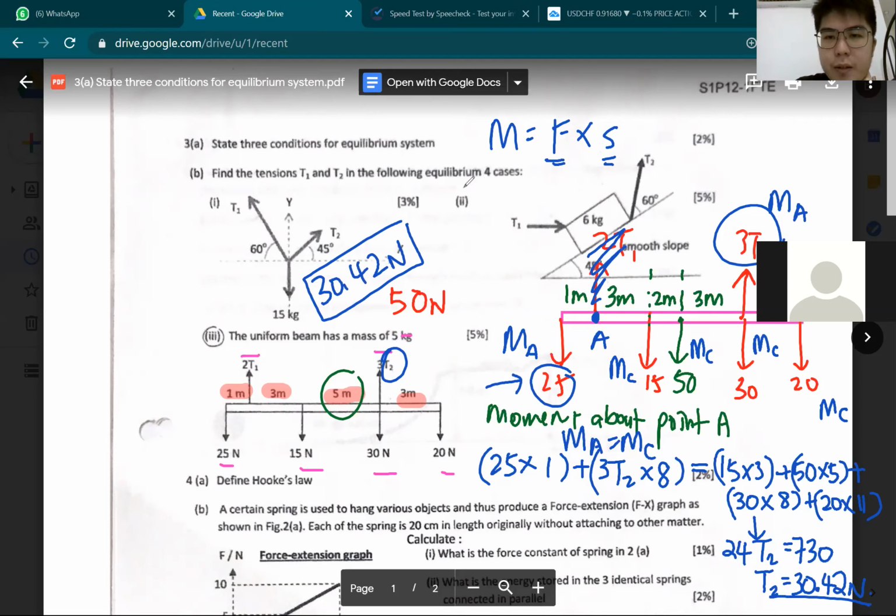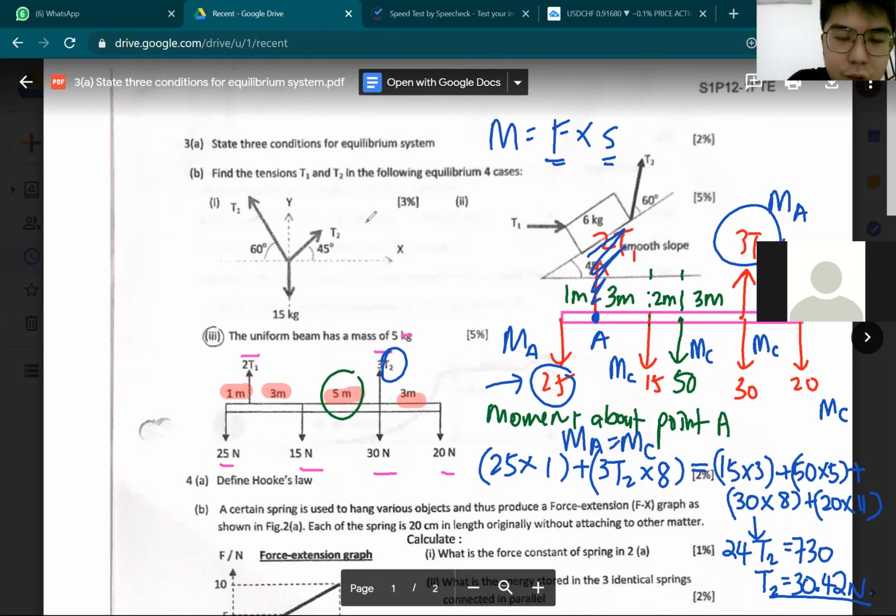What do I mean? For example, this one. I write T2 here. Let's see. So the total upward force, 2T1 plus 3T2, equals the total downward force.